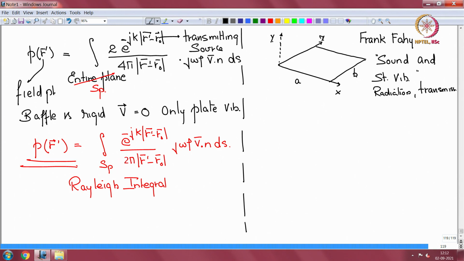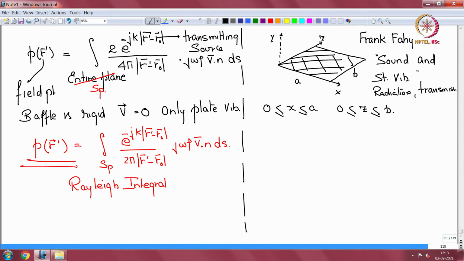So now this is my plate, sitting in the xz plane, and the response is in the y direction. The plate extends between 0 less than or equal to x less than or equal to a and between 0 less than or equal to z less than or equal to b.